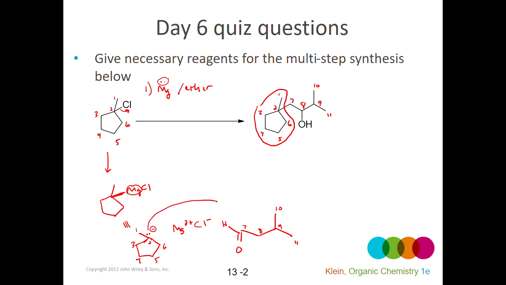The Grignard would come in, push these electrons out, and that would give me this resulting intermediate. It gives me the correct carbon backbone, but this oxygen is on carbon 7, and so it's not in the right spot. So I'm realizing that this is not going to work in the same way that the previous quiz question worked.